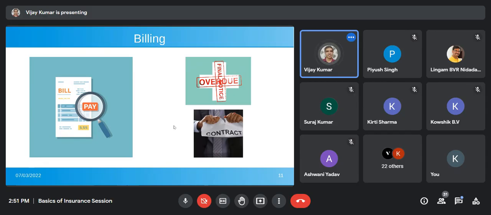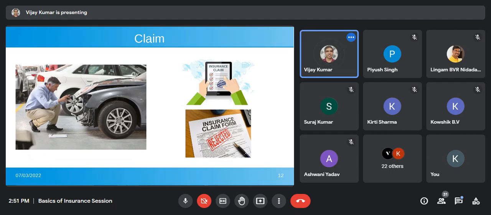Okay, let's now talk about the claims. This is a very important module of insurance, and this is the precise reason that anybody wants to buy insurance. In case of a mishap, or the risk happening, suppose you had a motor insurance and your car had an accident. In that case, what will you do?